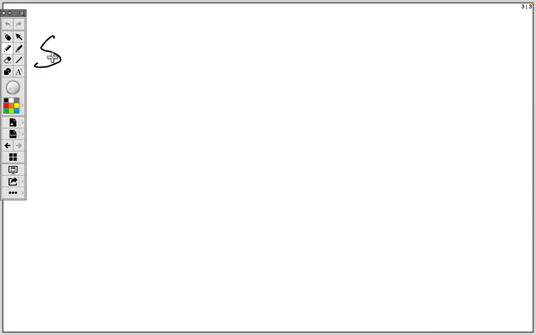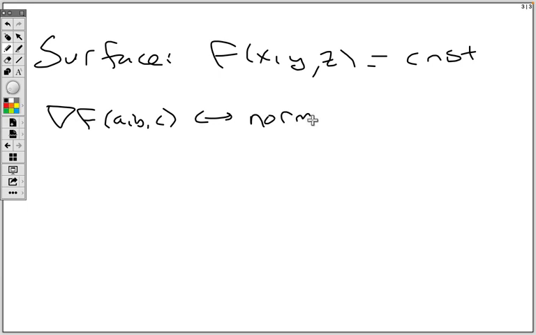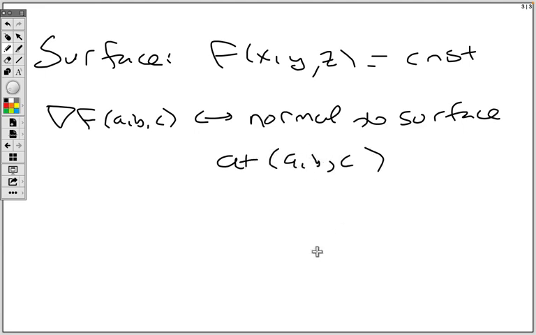That means if we have a surface defined f of x, y, z equal a constant. Now, on your take home we actually talked about this sort of situation when you had implicit differentiation. So if you have a surface defined like this, then the gradient of f at a, b, c is going to be a normal vector to the surface at the point a, b, c.